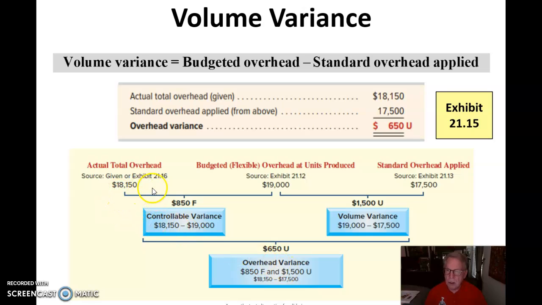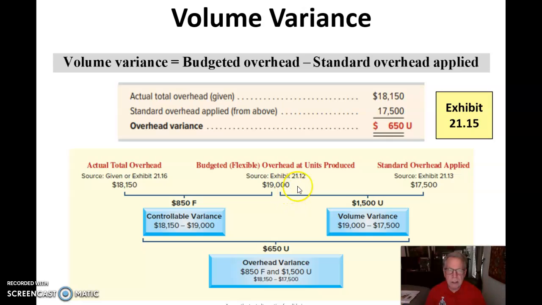If I look at Exhibit 21-16, I'm going to find that I have 18,150 actual overhead dollars used. And then my standard, which we just calculated, the 1,750 hours times $10, gave me the $17,500.